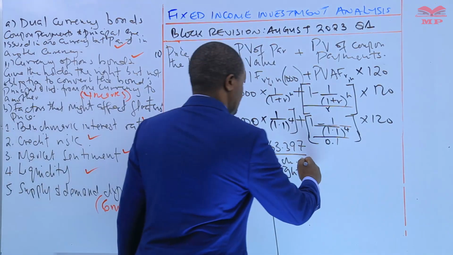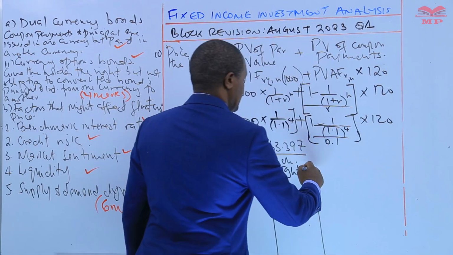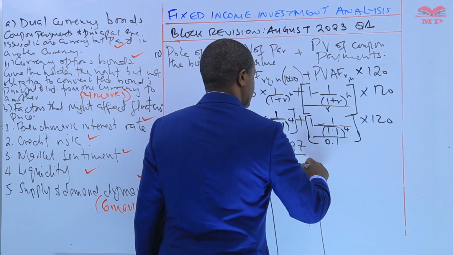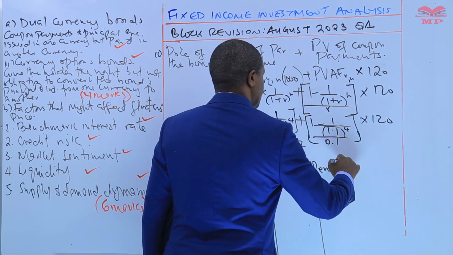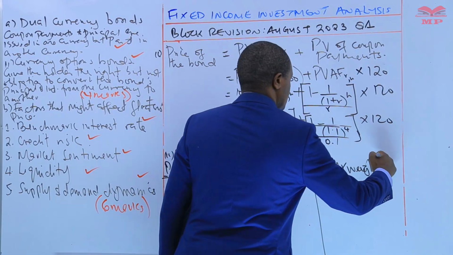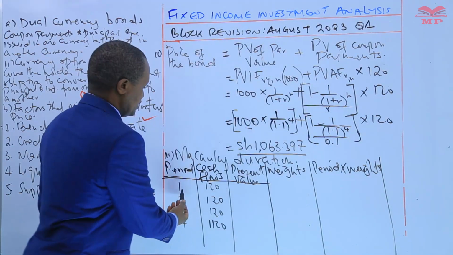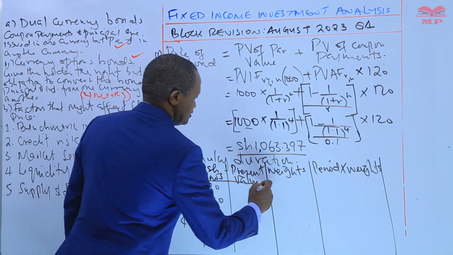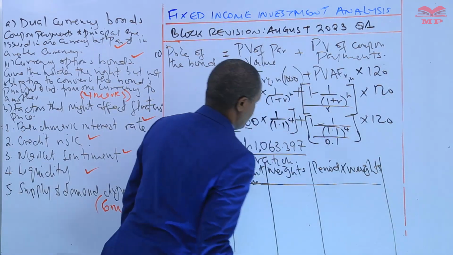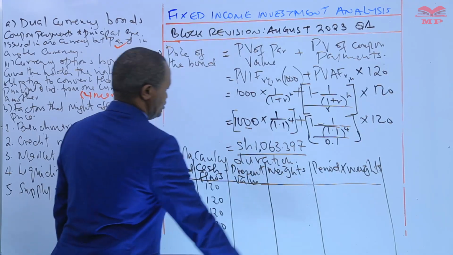Then lastly, we will multiply the period times weight. So that is the formula, candidates. That is the formula for calculating Macaulay duration.